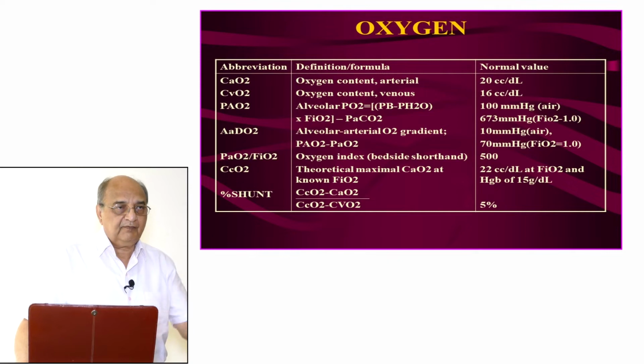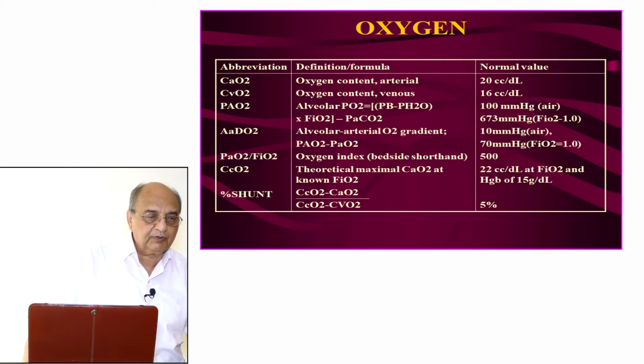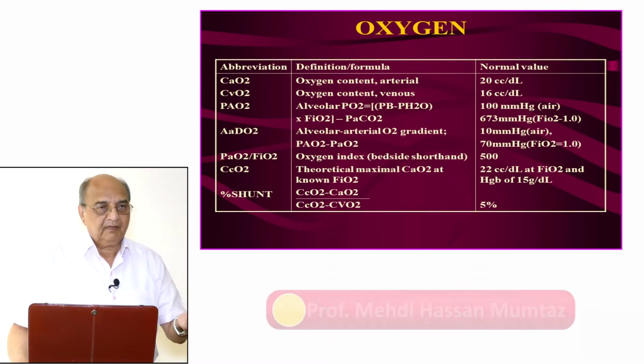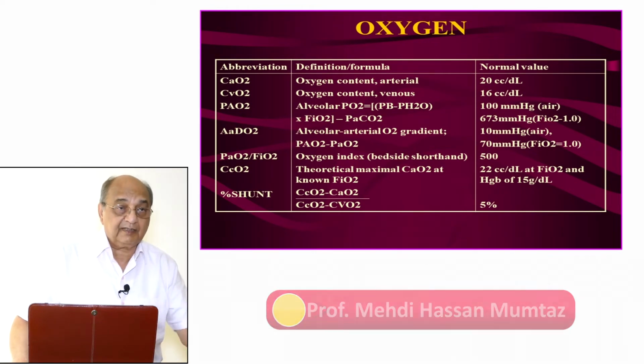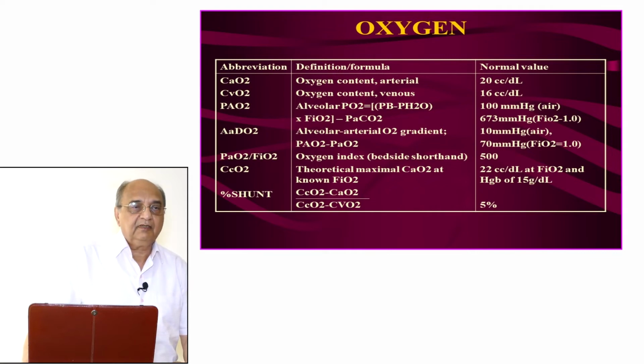What is the difference between the partial pressure of oxygen in the alveoli and the partial pressure of oxygen in the arterial blood? Then the amount of oxygen being taken to the cells or tissues is called delivery of oxygen, the total amount of oxygen being carried. Then out of that, oxygen is extracted by the cell, and that is called VO2.